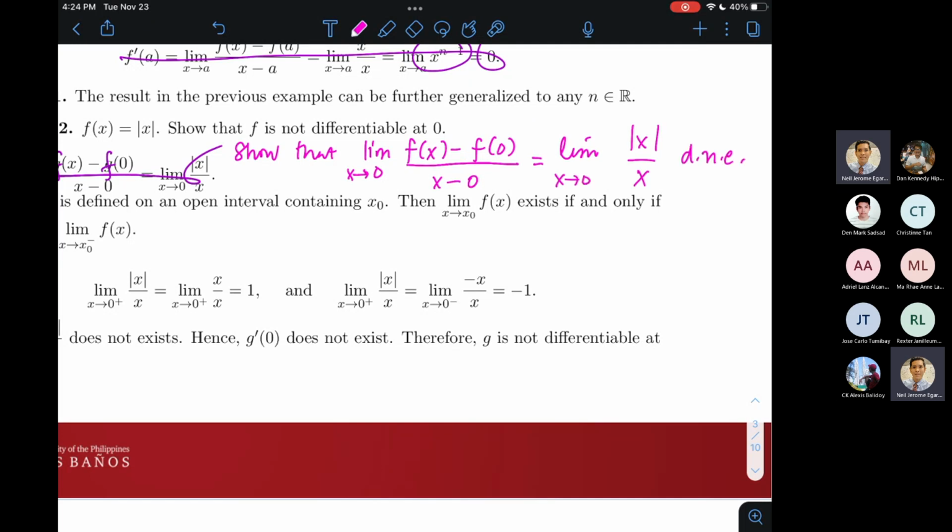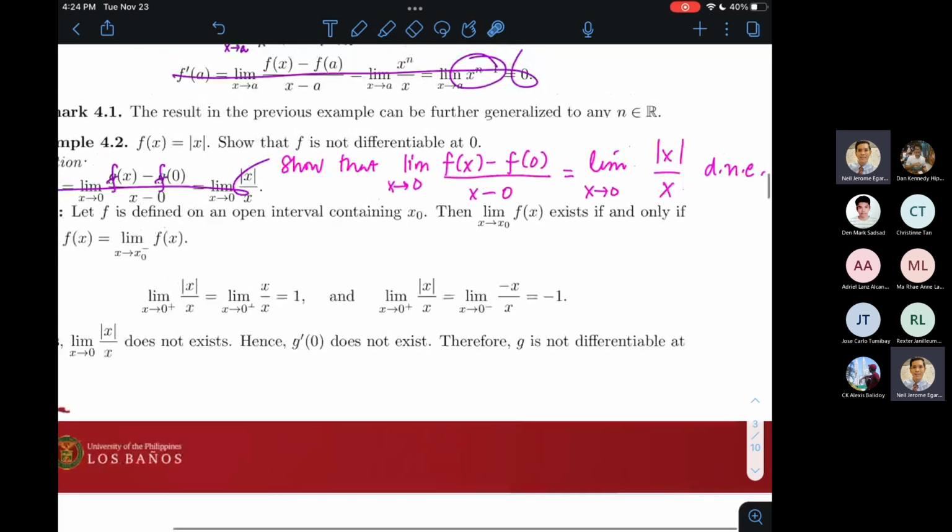All right? Para mapakita na hindi siya differentiable kay 0, kailangan nating i-prove or i-argue na yung limit na to ay hindi nag-exist. Okay? Now, an important fact first, f is defined on an open interval containing x of 0.